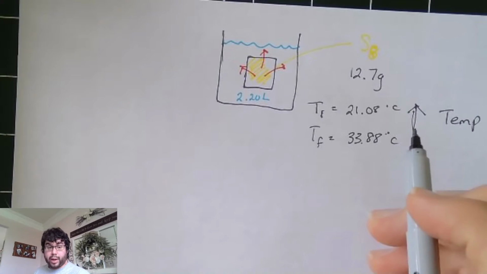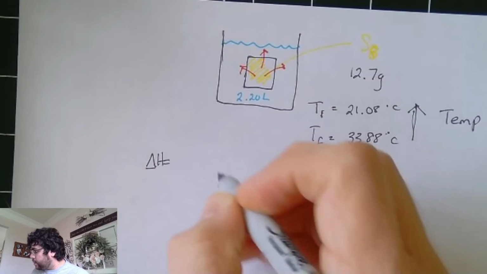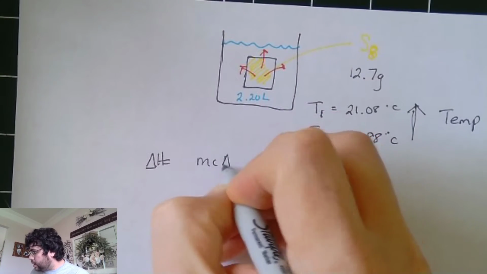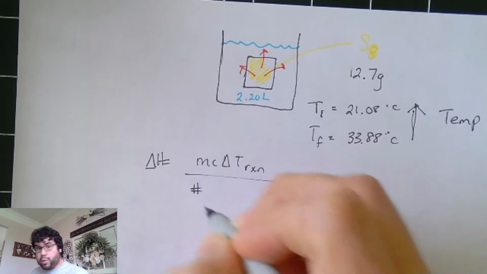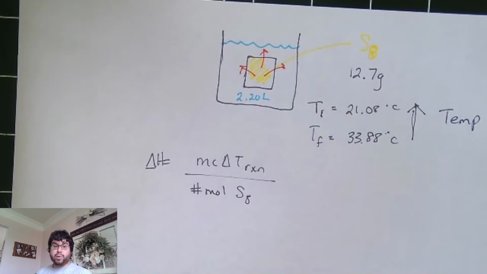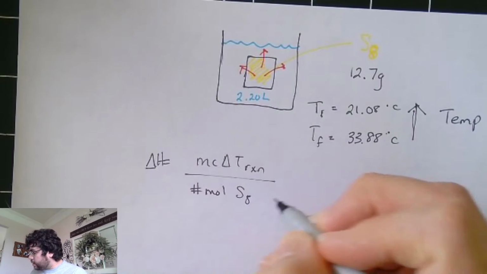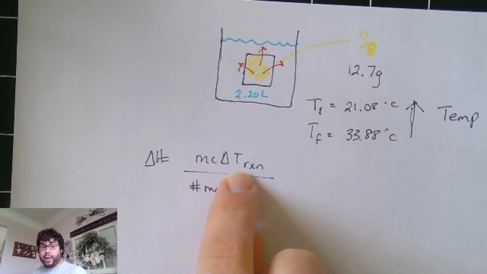Now we want to find the molar enthalpy. Remember that enthalpy, delta H, can be calculated as the mcΔT of the reaction divided by the number of moles. In this case, it's going to be moles of S8. How many moles of S8 actually reacted? Now remember, we cannot directly calculate mcΔT for the reaction itself.